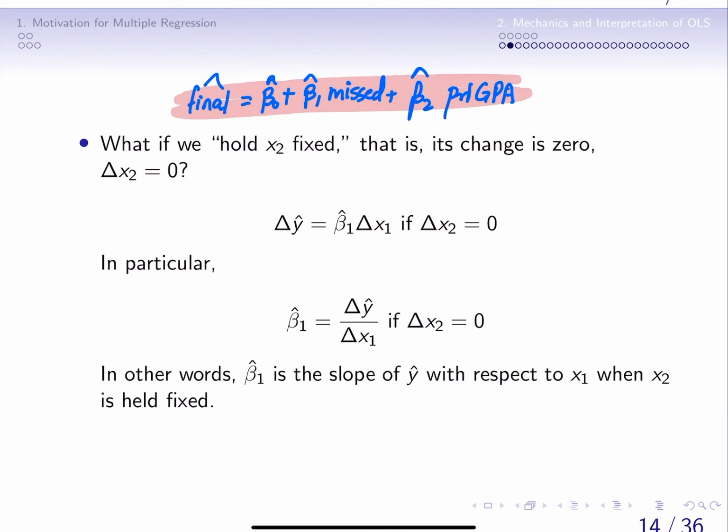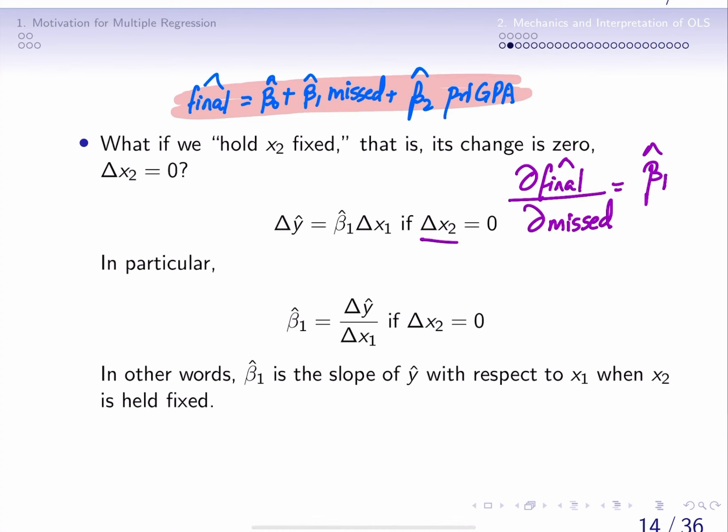So here, if you take the partial derivative of the dependent variable final, that you're trying to predict, with respect to missed lectures, this is equal to beta 1 hat, right? This is a partial derivative, which means that we are assuming that the change in x2 is equal to 0, right? So we're saying holding prior GPA constant.